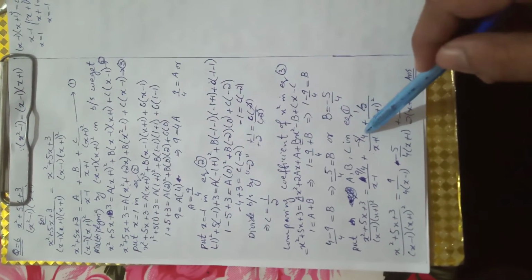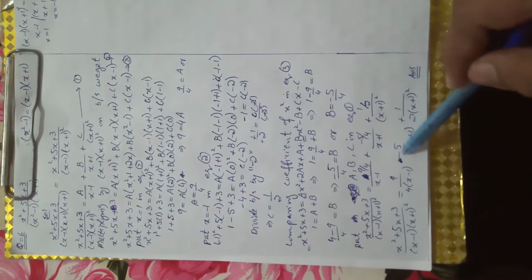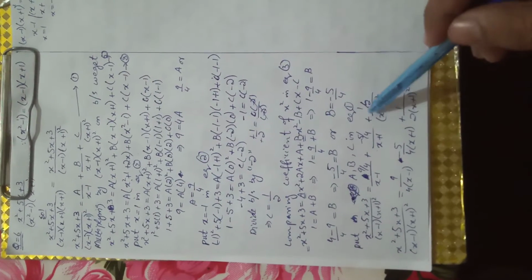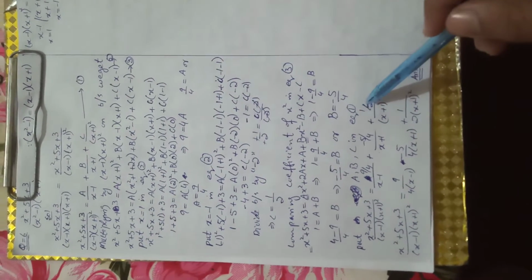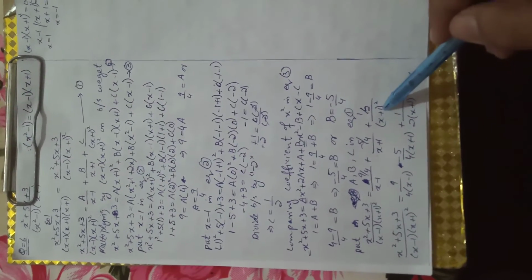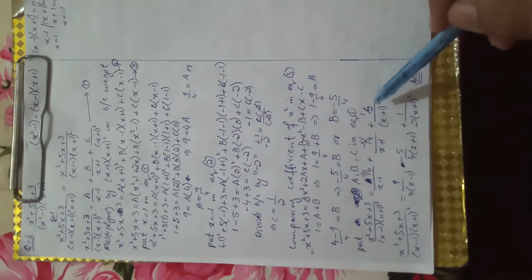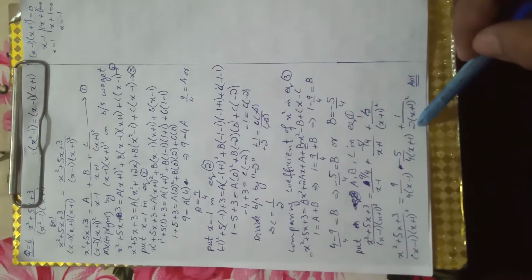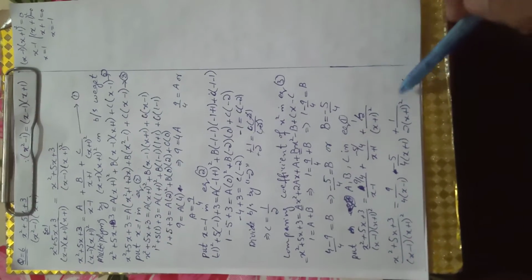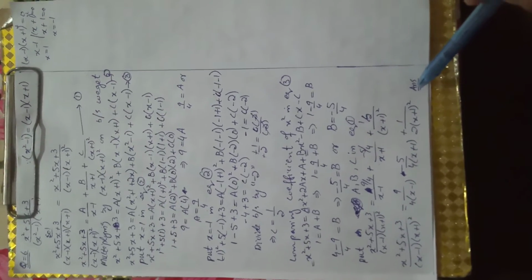The whole term will be minus 5 divided by 4 into x plus 1, plus 1 by 2 into x plus 1 whole square. When x plus 1 whole square shifts over there, it will be multiplied with 2. So the whole portion will be 1 divided by 2 into x plus 1 whole square. And this is the solution.